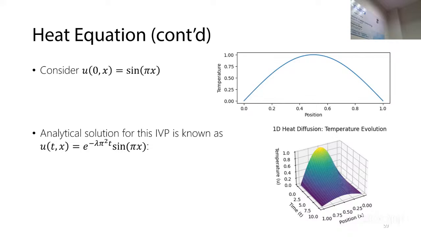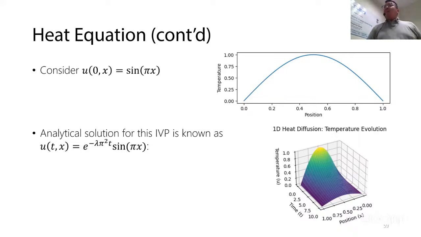Here we consider that the initial condition is given as a sine function. To make it simple, we have a rod of length 1 meter, and over that rod we have the temperature distribution that looks like this. The temperature is normalized onto a scale between 0 and 1, so that we don't have to handle crazy large numbers.